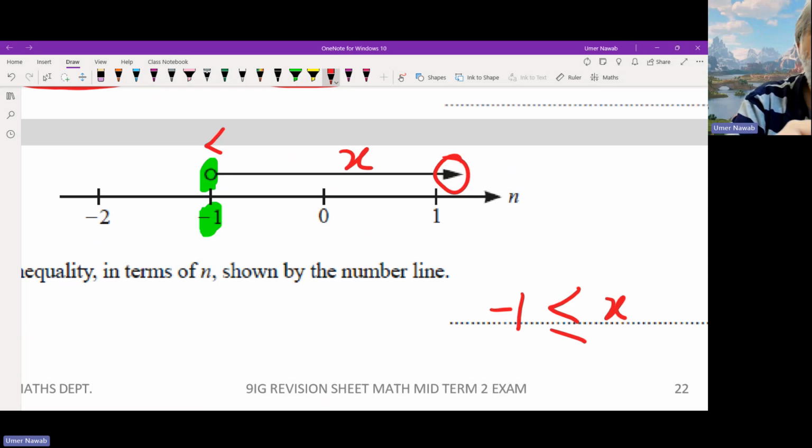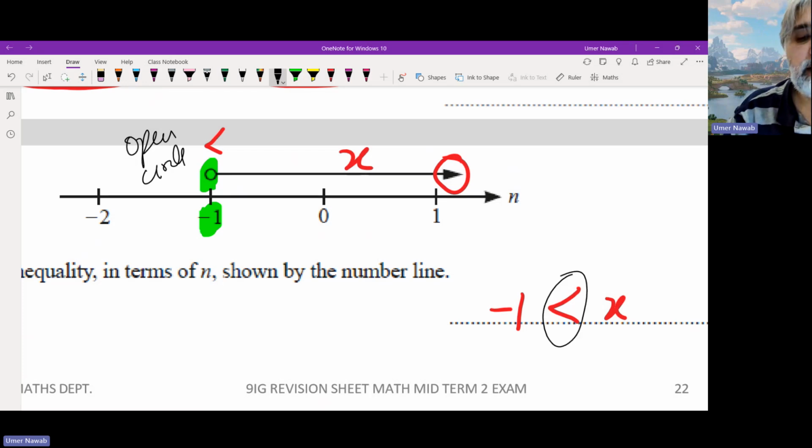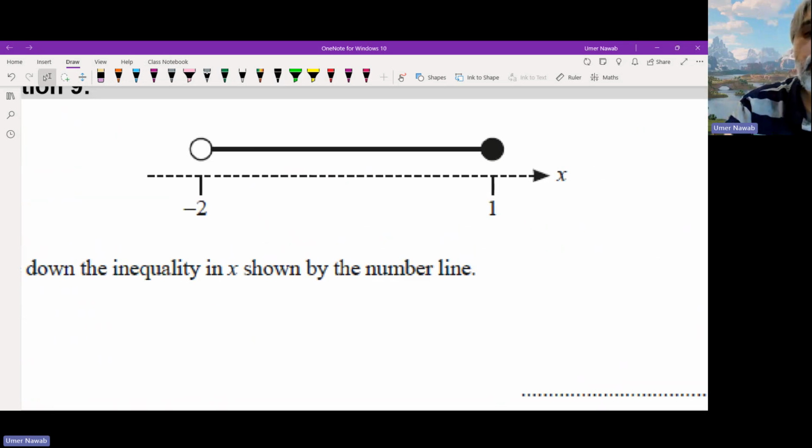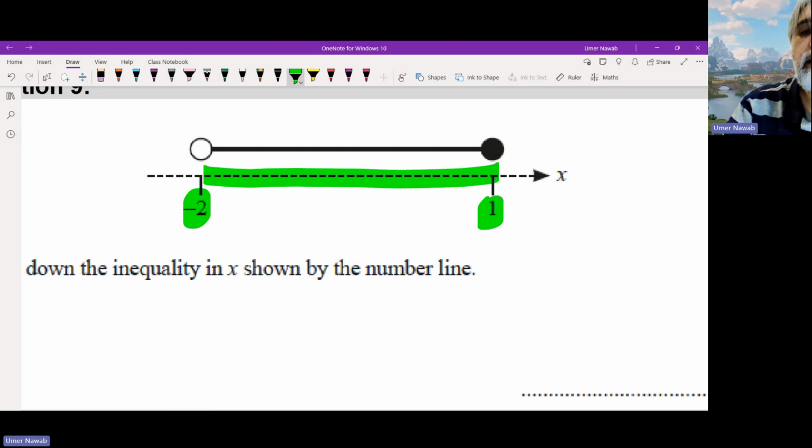I will not use the equal sign since the question has used the open circle. Since it used the open circle, I'll just use the strict inequality that minus 1 is less than x, or x is greater than minus 1. Both options are correct. Next case, it's a sandwich inequality between minus 2 and 1, sandwich inequality.